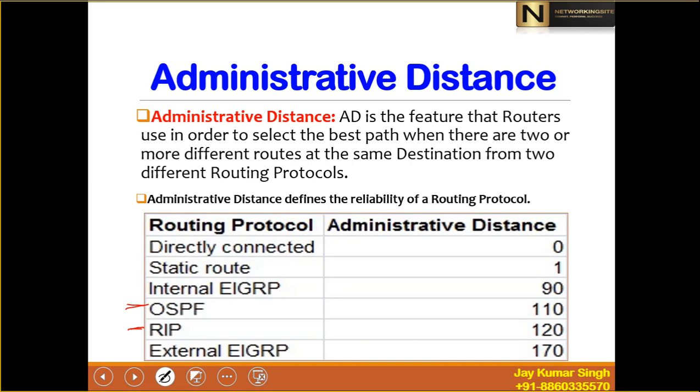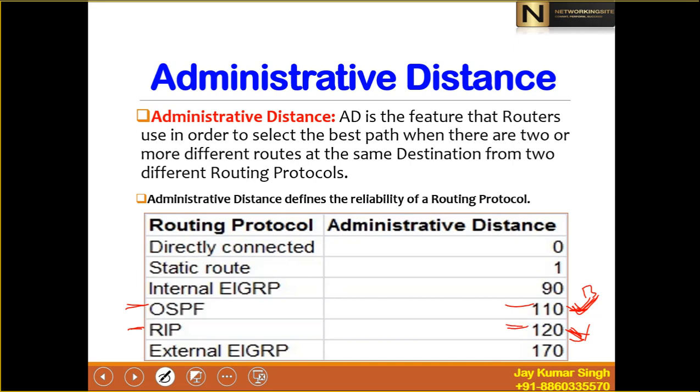See, everyone has a number. The lowest number is the best. If you compare, you will say OSPF administrative distance is low. Low means it's better. Higher means not best, not bad, but this is the best, this is second best.